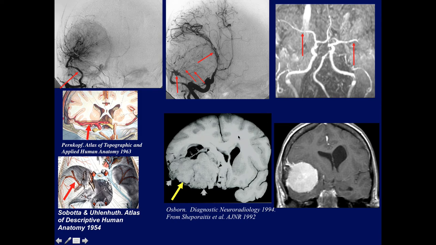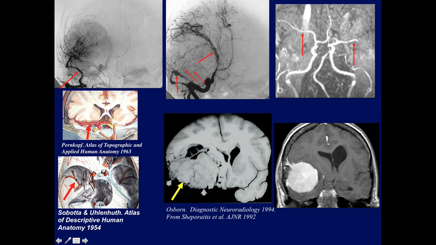And here's a case we had, and here's the CTA. Again, the normal position of the middle cerebral, markedly elevated, not as nicely curved here, but still markedly elevated. Again, in this anatomic diagram, the horizontal position of a normal middle cerebral, which is markedly elevated.